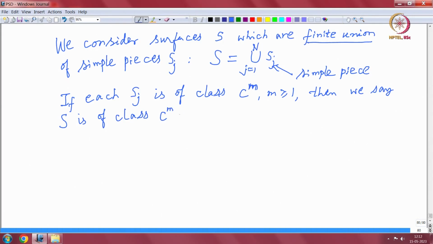Okay. So, let us write elaborately what Sj is. So, Sj is given by, so now let me write xp some coordinate, and this one is phi j.